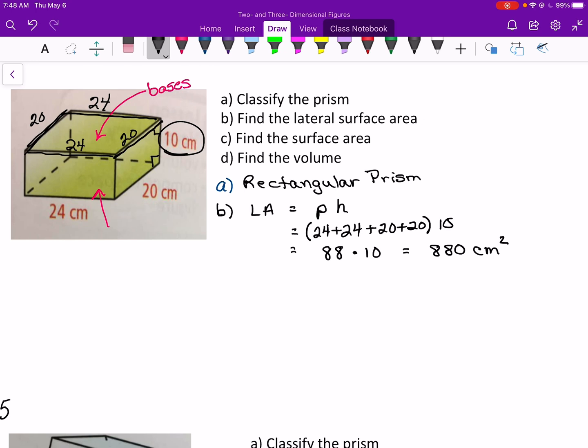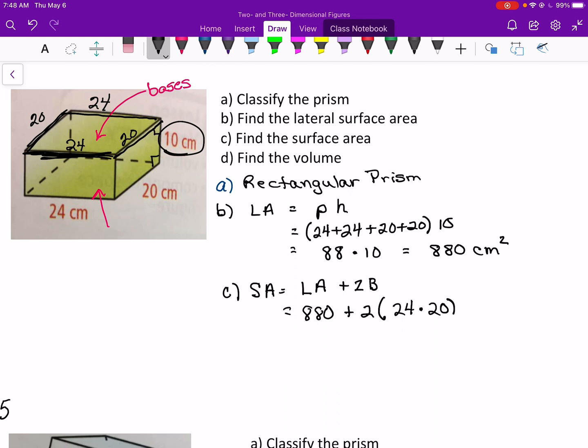Surface area. That would be part C. Surface area is the total of all of that. So that's the lateral area plus the area of the two bases. You might want to grab a calculator now because you're probably going to need one if you don't already have one sitting out. Lateral area is 880 plus two bases. Our bases are rectangles that are 24 wide and 20 long.